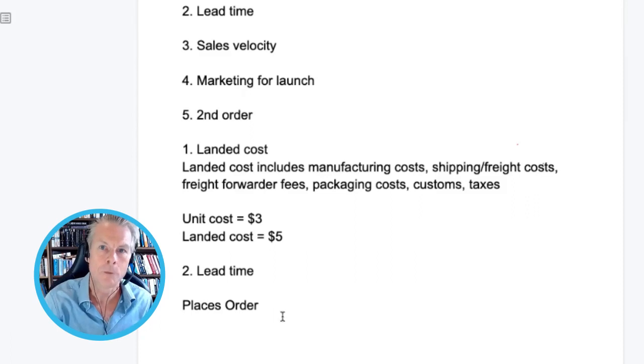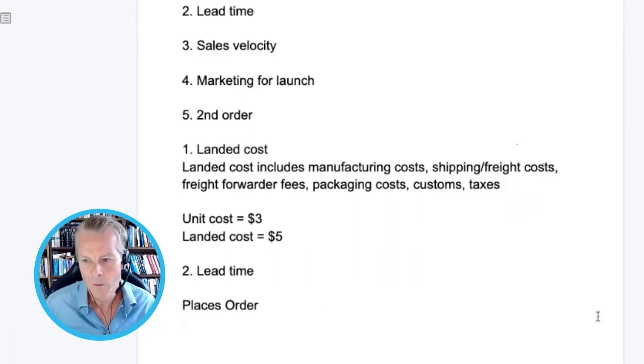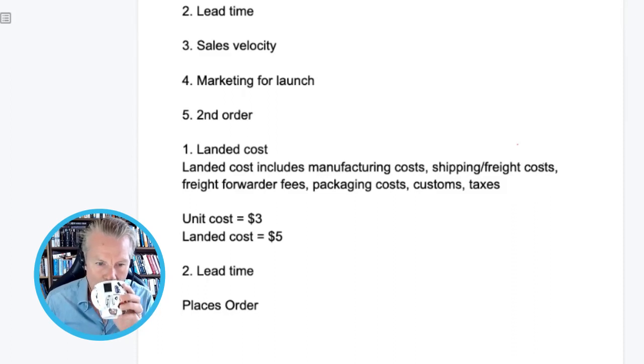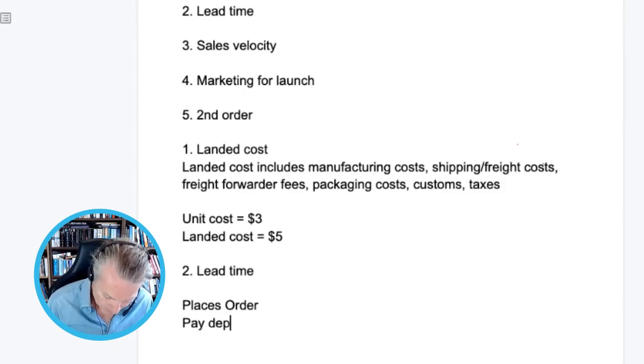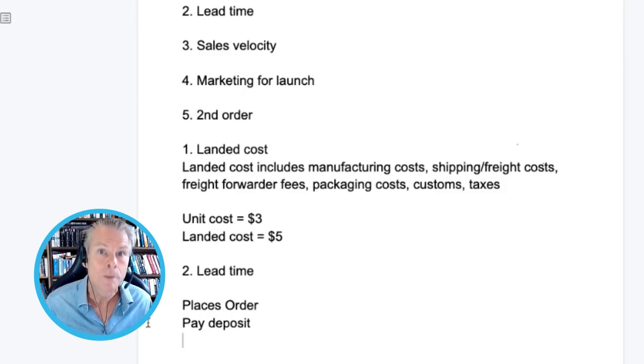I'm doing that via email. What do I have to do next? I've got to pay a deposit. Typically that means I've got to wait for that money to clear in their account before they will start. Just something to consider.